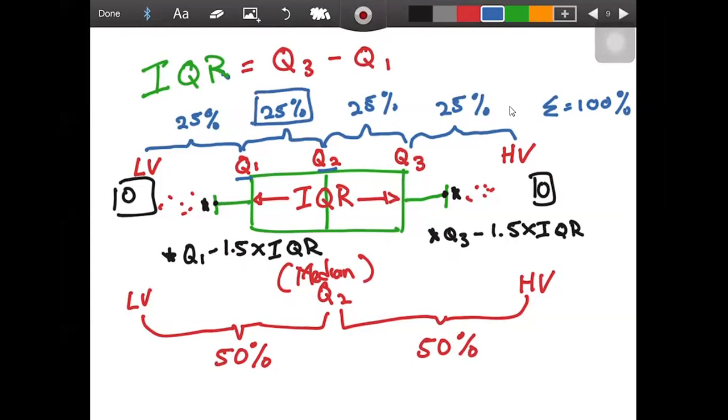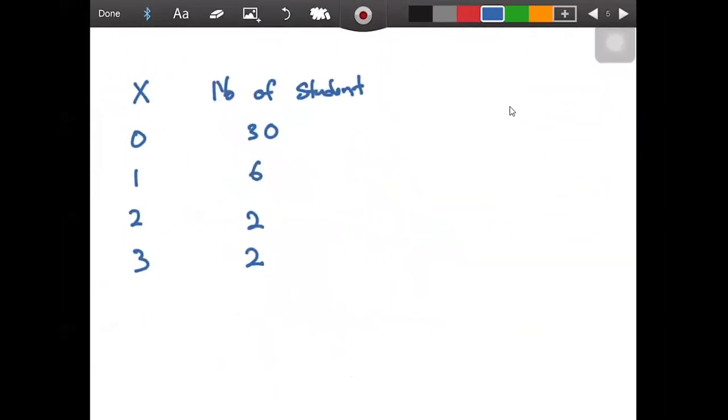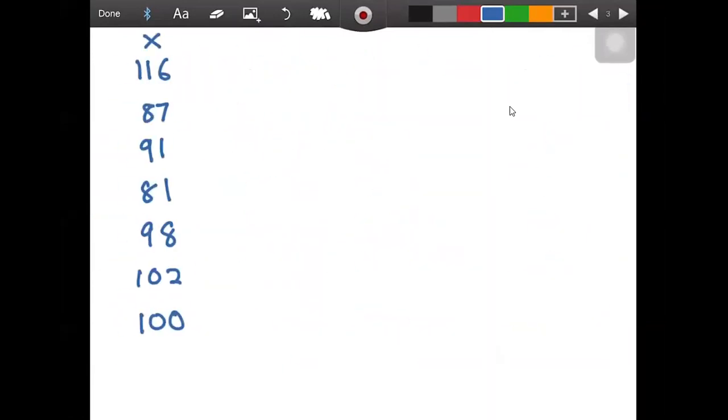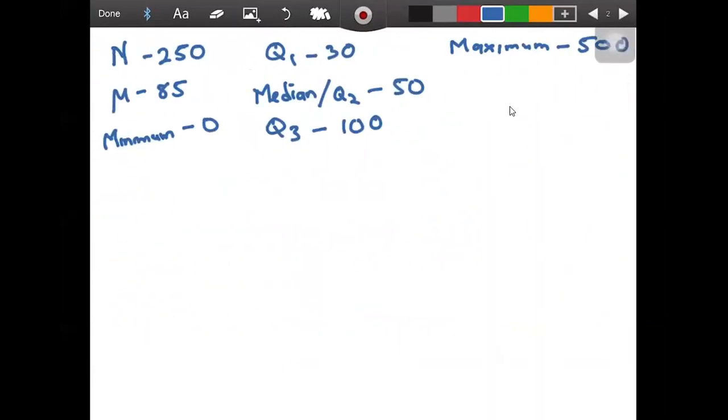So if I draw here, the lowest value is 0.